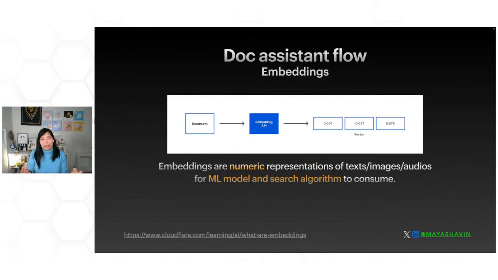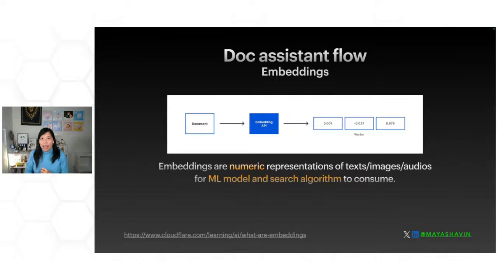We put the text through an embedding API, which is an embedding LLM service. What we receive is a numeric, vector representation that can be sent to a machine learning module or search algorithm to consume and use for performing search and comparing between the right chunks and the query.